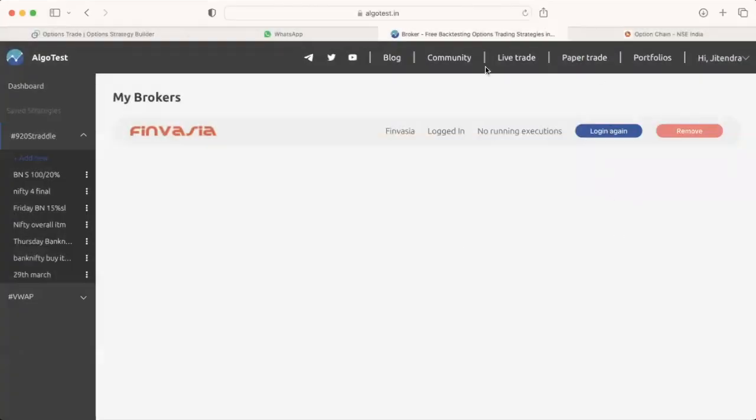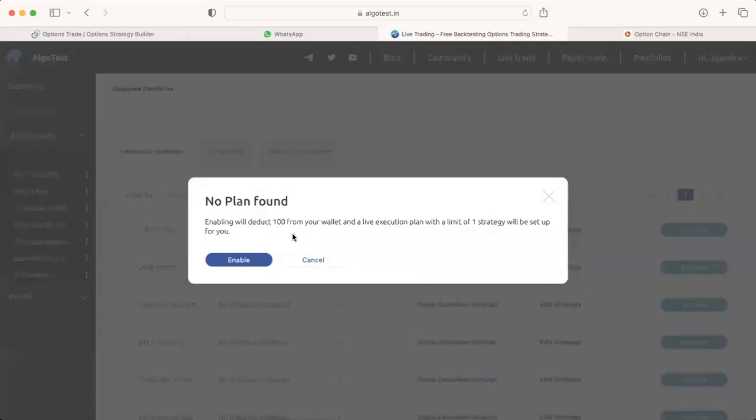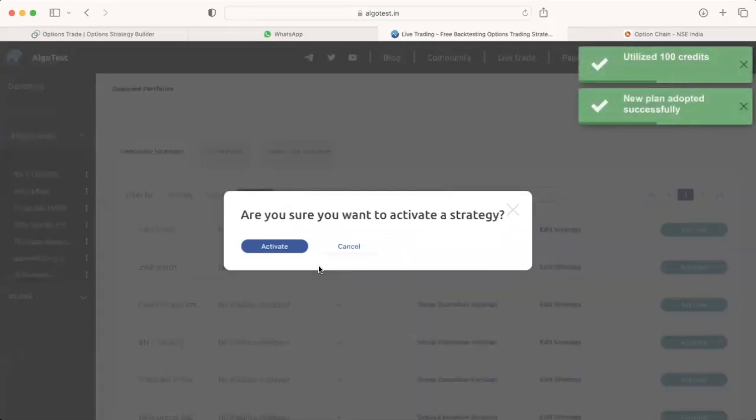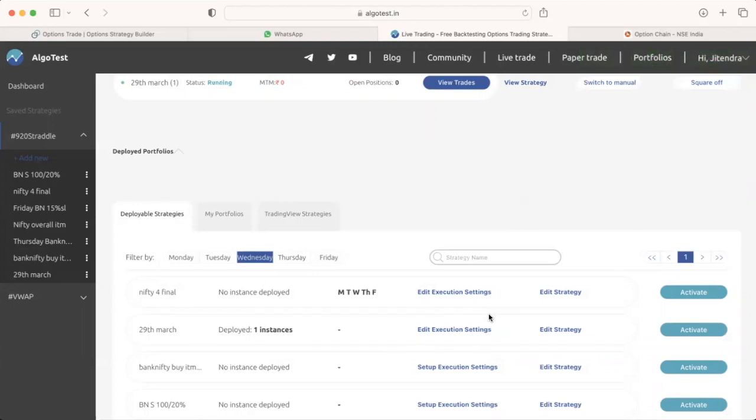Yeah, so the login is done, the live trade is done. We'll activate the strategy. So we have activated the strategy.